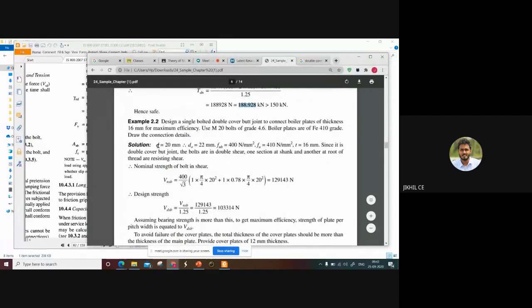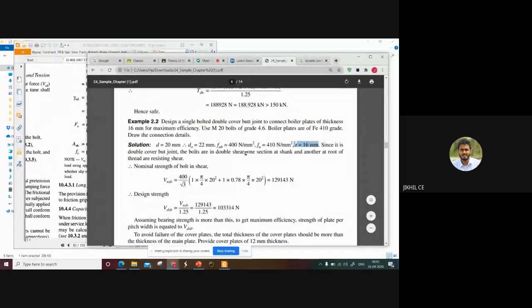So we know M20, d is 20, and d0 is 22 with the hole clearance. Fub 4.6 means 400, and Fu is the ultimate stress of the plate because Fe 410, and thickness is 16 mm. We just saw, since it is a double cover butt joint, cover on both sides, the bolt is in double shear.